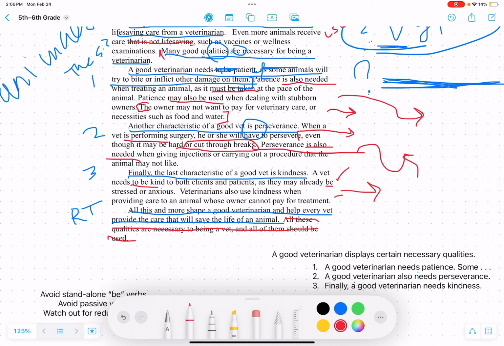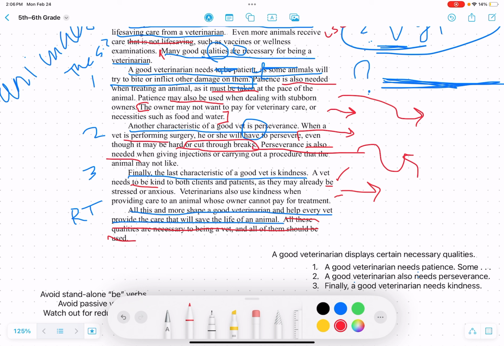Maybe listening is part of kindness, like hearing what's going on. How has this worked? How has it not worked? Trying to understand the personality of the animal or the circumstances that the owner and the animal find themselves in. So I think that could go into kindness too.